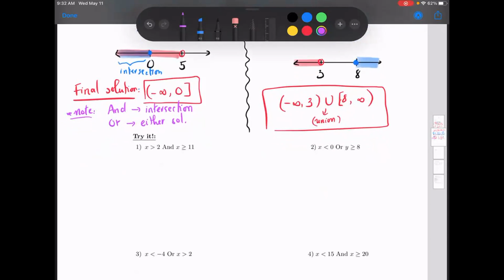People in the chat, you can put the answer in interval notation and send it to me.